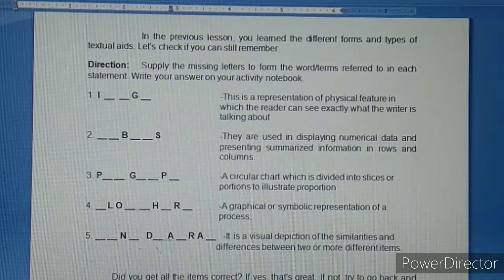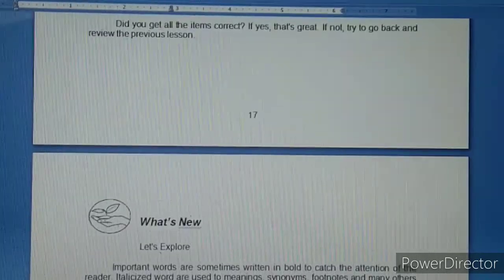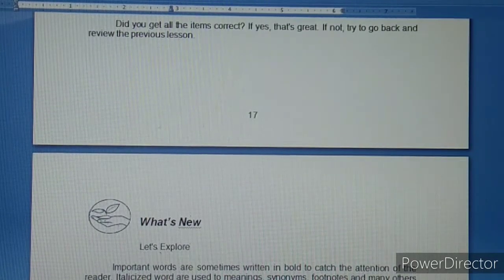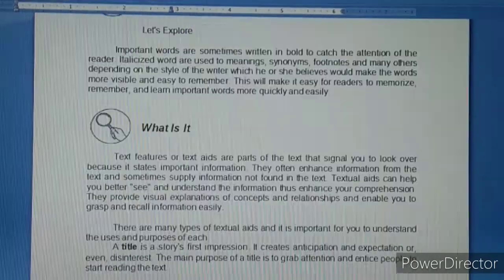This graph is very common to you students. The correct answer for number 5 is Venn diagram. So, did you get all the items correct? If yes, that's great. If not, try to go back and review the previous lesson.